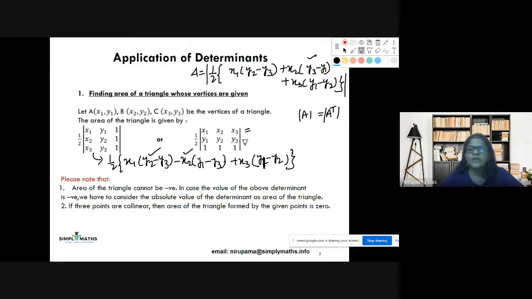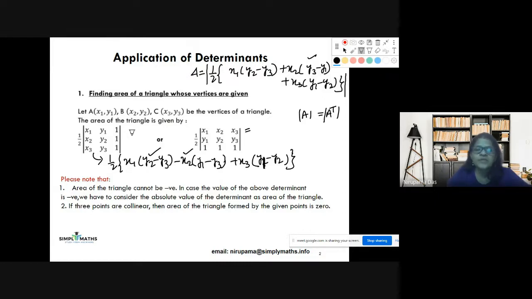But whenever the question says to use determinants to find the area of the triangle, we cannot apply the coordinate geometry formula; we have to use determinants. Specifically if it is a subjective question, it may be a 2-marker question, and you have to show the steps of the solution.